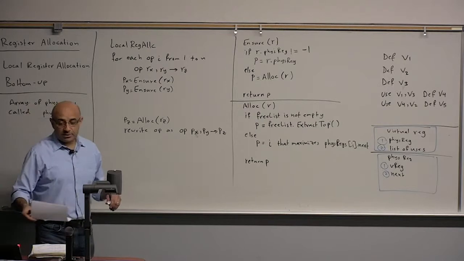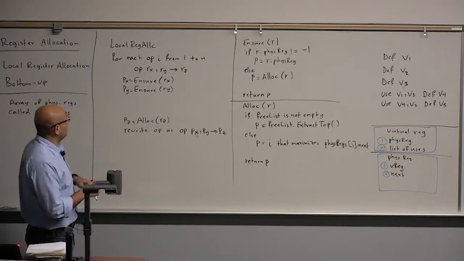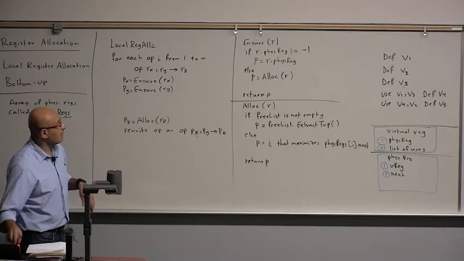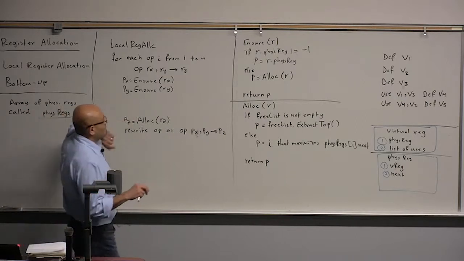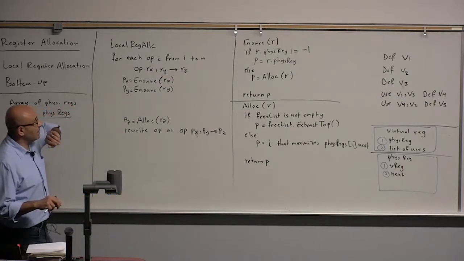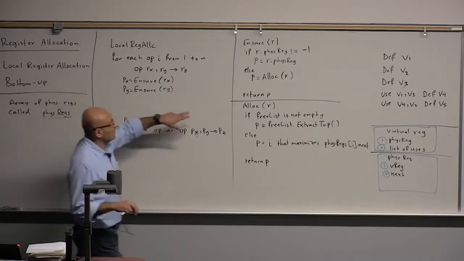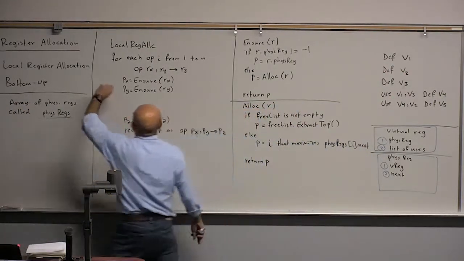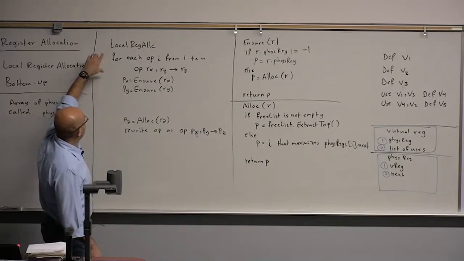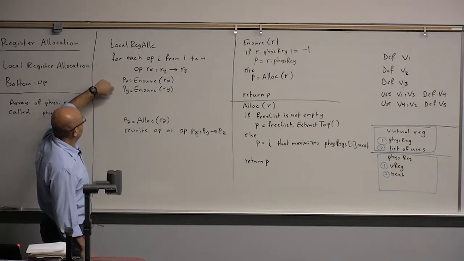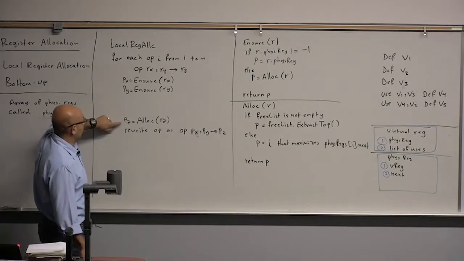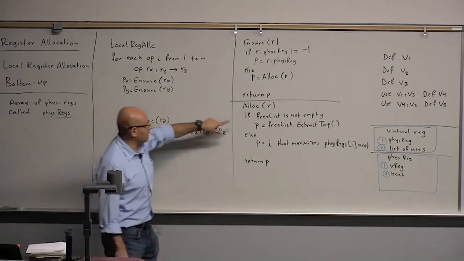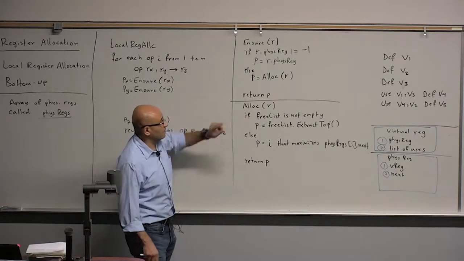Now let's apply it and see if we can fill in the blanks. If we apply it to this define, it's going to go to alloc of PZ. It doesn't have any source operands, and the free list will have 1, so it will get a physical register.